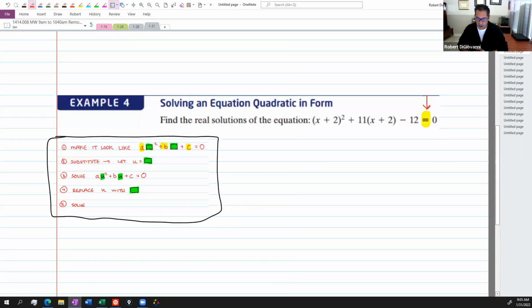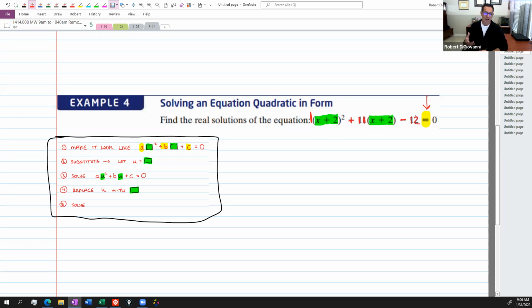So we look at it, and this is where we have to be willing to change our perspective, look at it from a different point of view. When I look at this, I see that I've got x plus 2, those are the exact same things, right? So that's kind of like the green box. In front of the x plus 2 squared out here, there's like a 1. Then I have plus 11. Then I have minus 12.